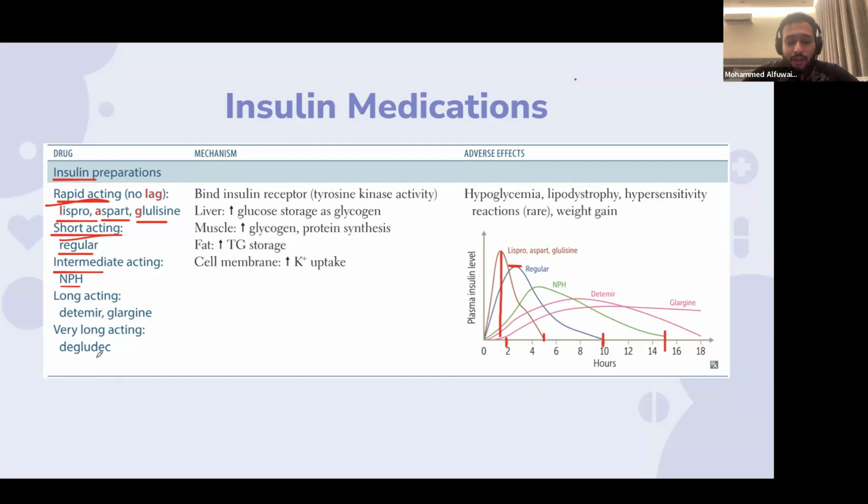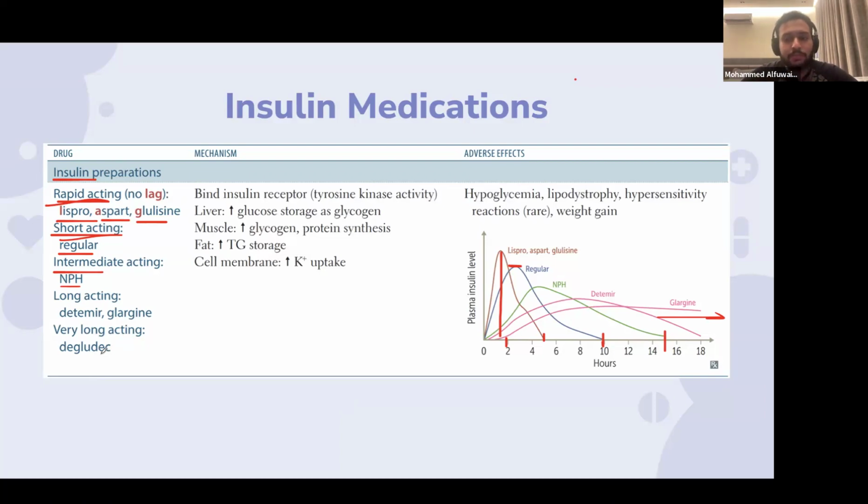Long acting, you have 3: Detemir, Glargine, and Degludec. The important thing about this is this can be given once a day, okay? Once a day, because it lasts for a very long time, the entire day, 18 hours. So you can give it in the morning once, and that's it, okay? Degludec is very long acting, like it lasts the entire 24 hours, maybe, okay?